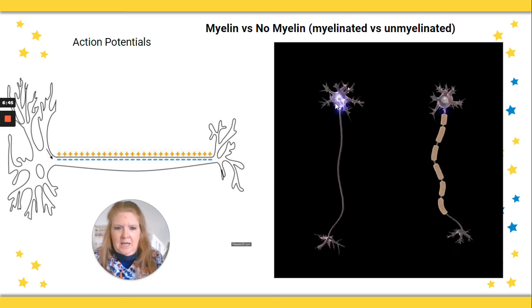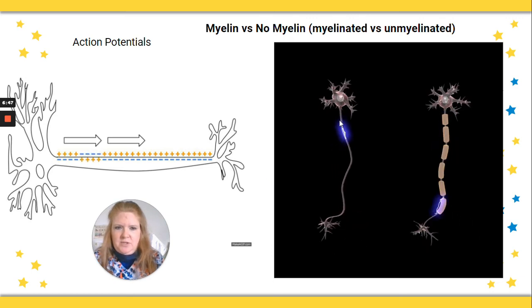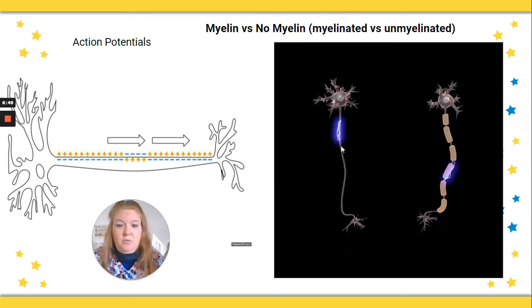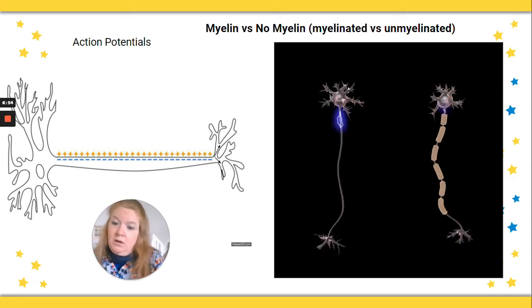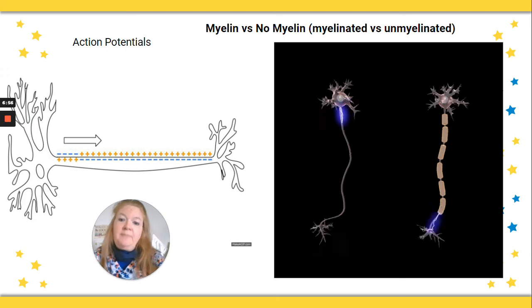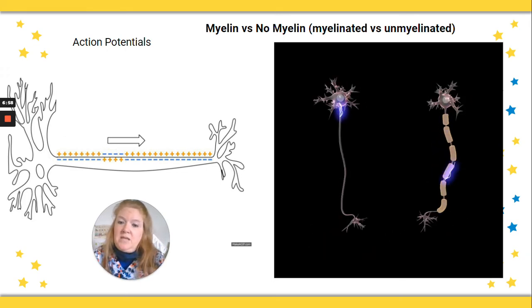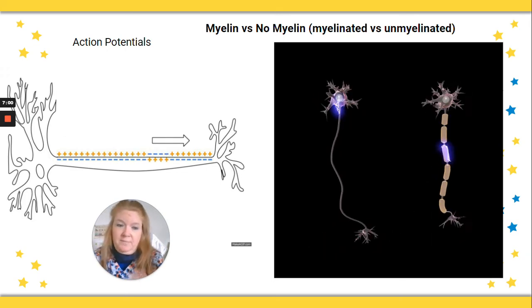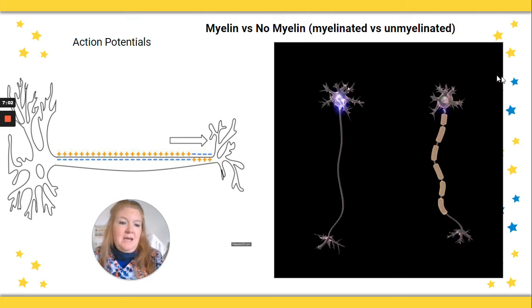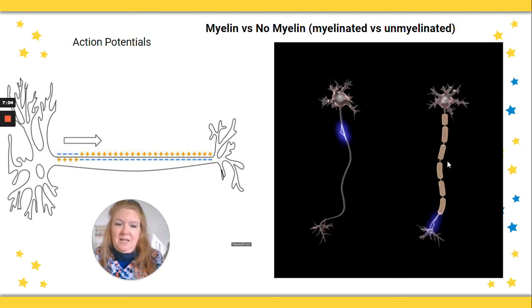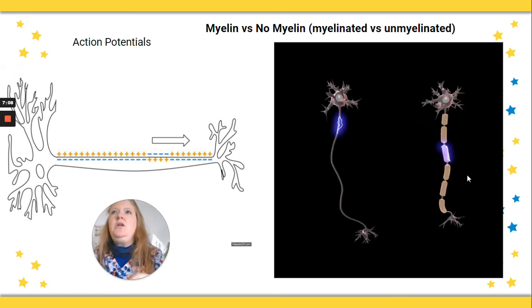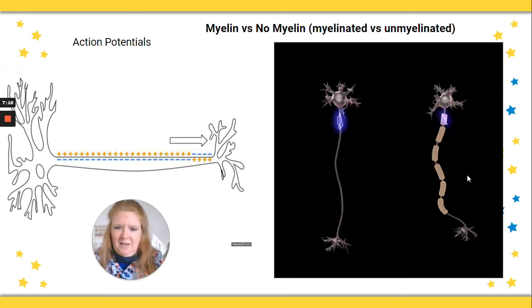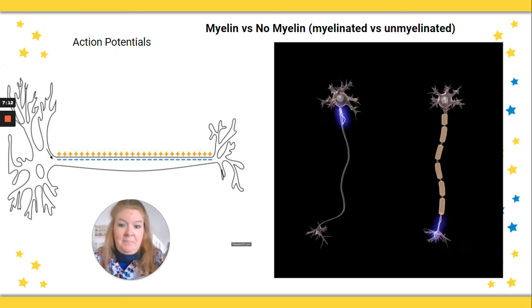And that is right here in this illustration. You can see that's a relatively slow process. In some cells, the axon is very long, so that's a long time to have those charges moving. You can see here what happens with myelin. Do you see how the signal just skips to the node? Imagine crawling, that's no myelin, and skipping, with myelin.